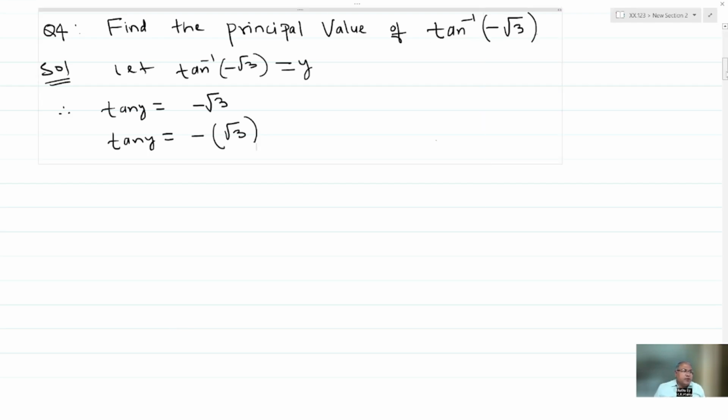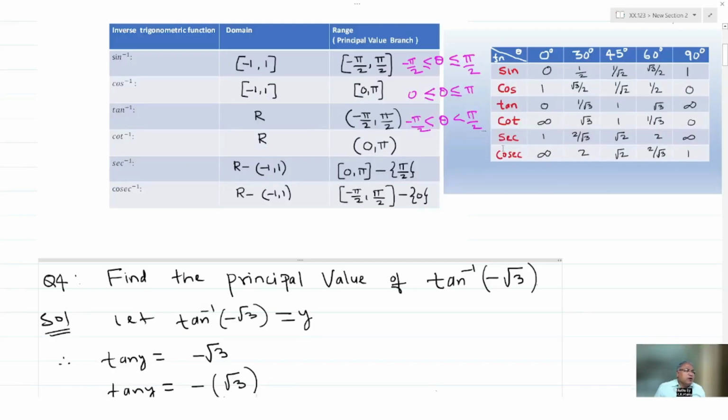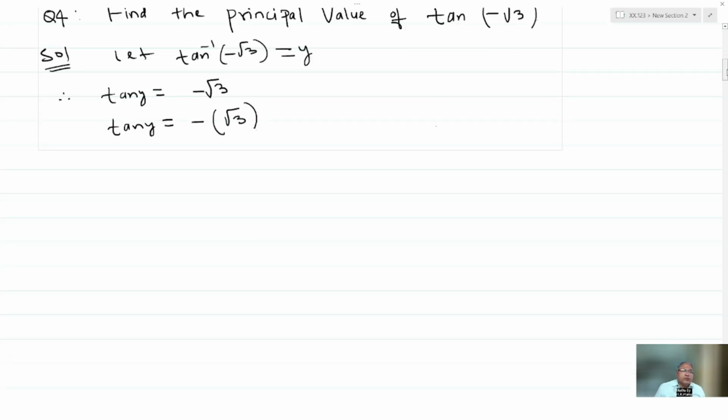After that, we need to see this table and tan 60. Tan 60 equals root 3. See here in this table, tan 60 equals root 3. So in place of root 3, we can write tan 60. 60 is equal to pi by 3.